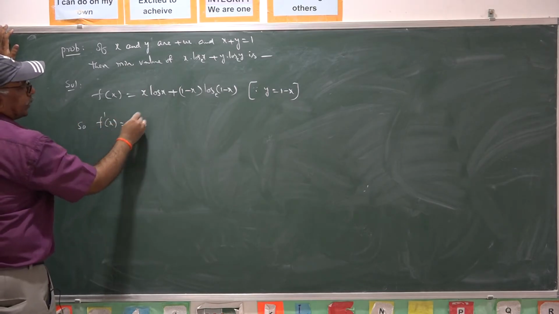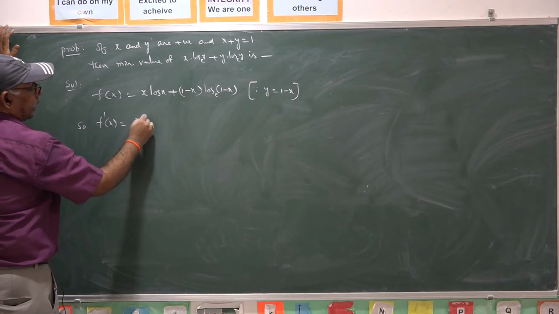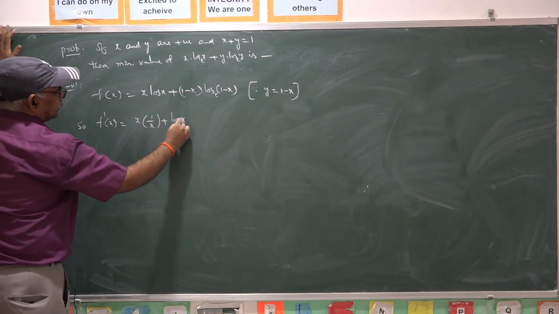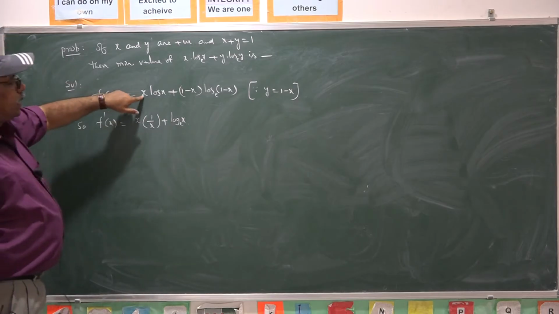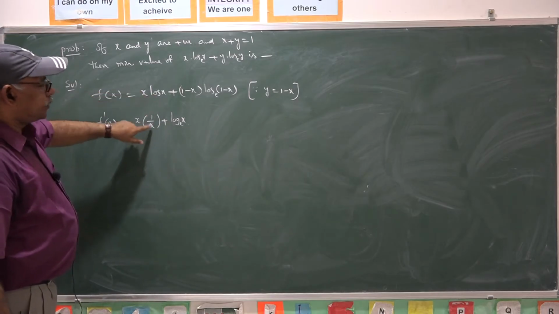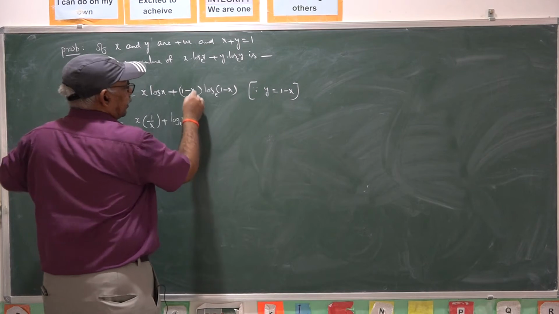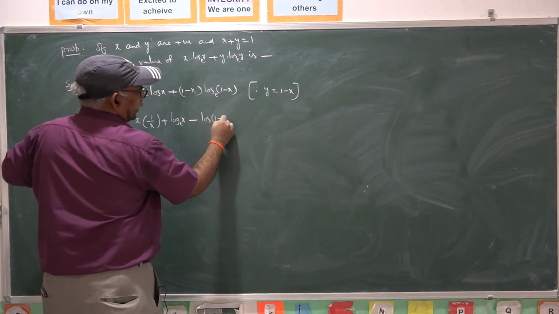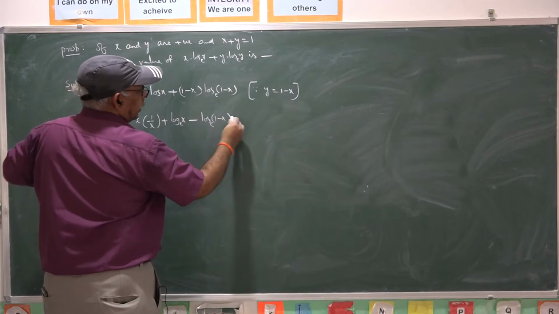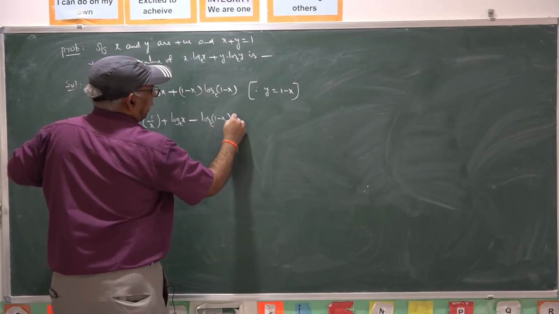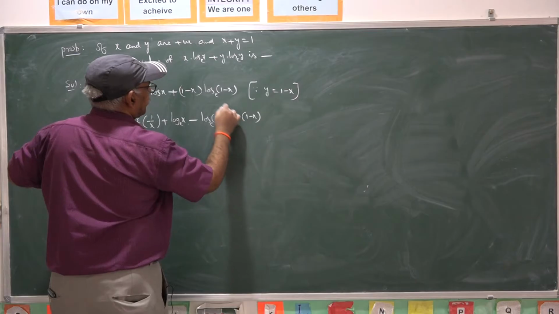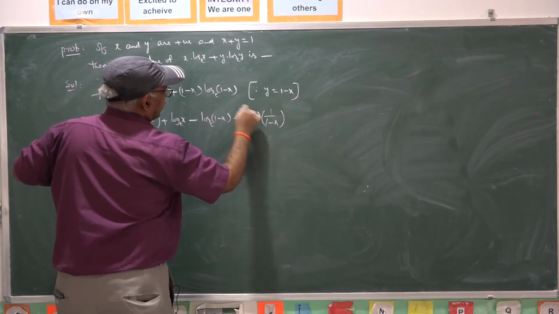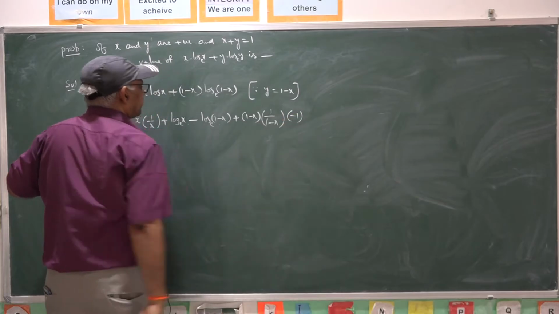find f dash x, the first derivative. That is x into 1 by x by product rule, plus log x. For x it is 1, for log x it is 1 by x derivative. Similarly here, for 1 minus x it is minus 1, so minus log(1 minus x) to the base e, plus (1 minus x) into the derivative of the log function, 1 by (1 minus x), into, for 1 minus x, it is minus 1.